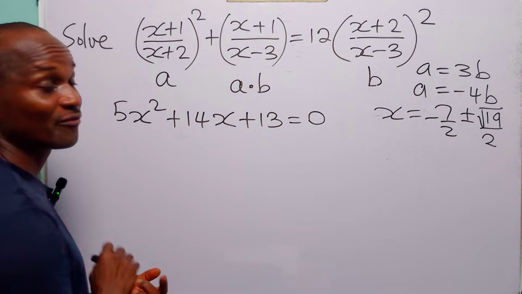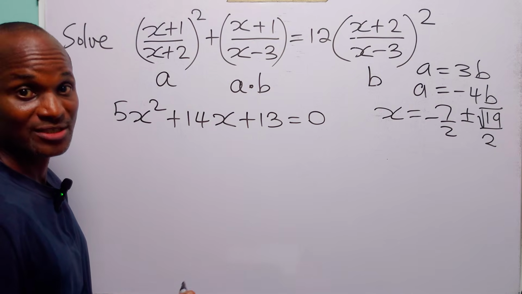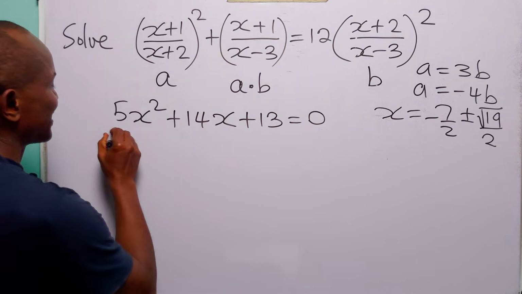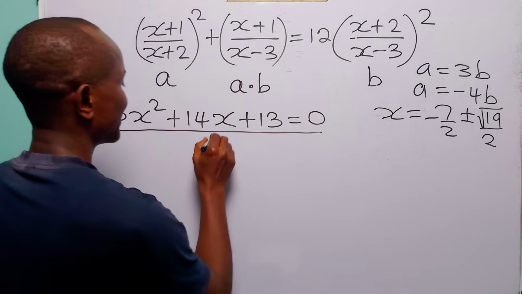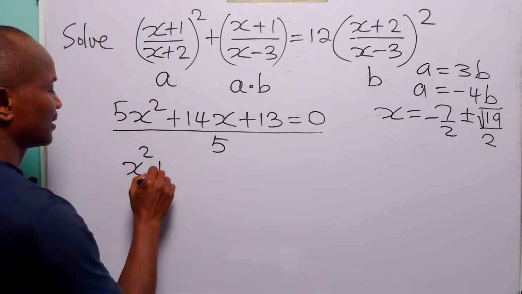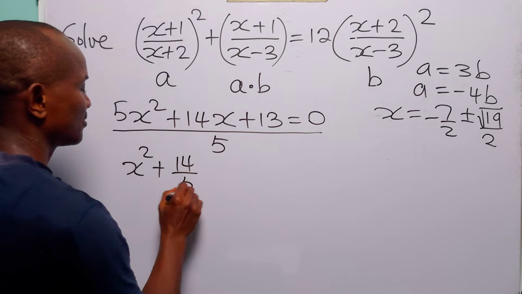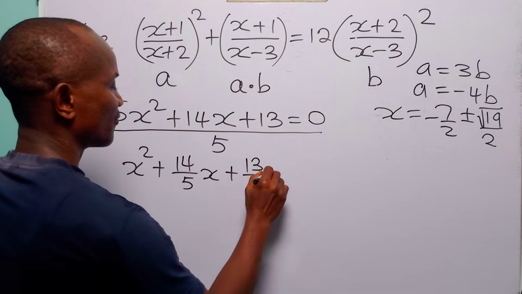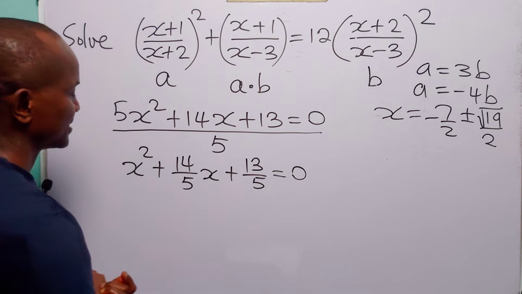Once more, we cannot solve this quadratic equation by factorization, so let us solve by completing the square method. We start by dividing through the equation by 5. We have x squared plus 14 over 5x plus 13 over 5 is equal to 0.